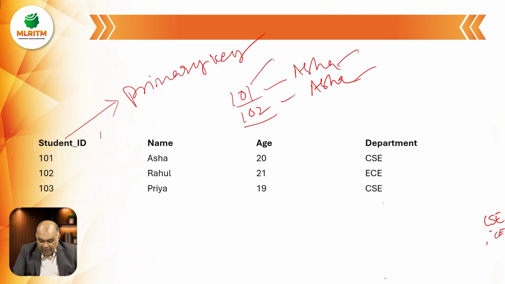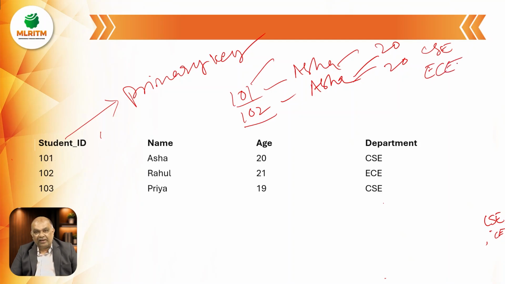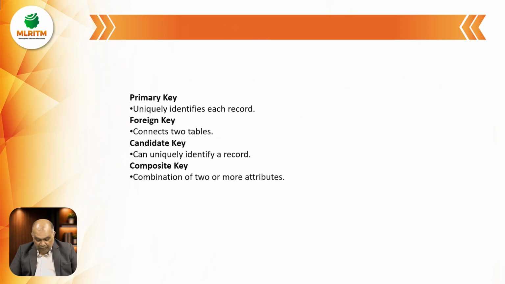These two names are different because we have two different IDs. Age can be the same, no problem. Department, one is CSC, the other is EC, so both departments are different. We can have information like this. So what uniquely identifies each record is called a primary key.